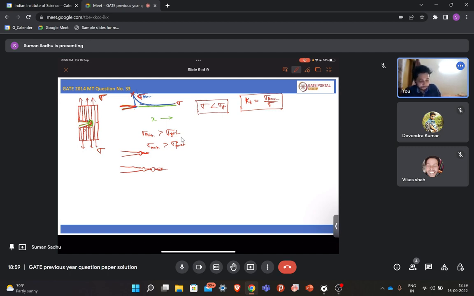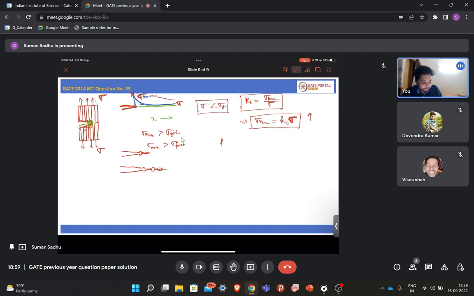Now this sigma max is related to the applied sigma, right? What is sigma max? It is kt into sigma. Now let's say you keep increasing your applied sigma. It will reach a certain value where the crack propagation rate will be very rapid, so that it will lead to fracture.